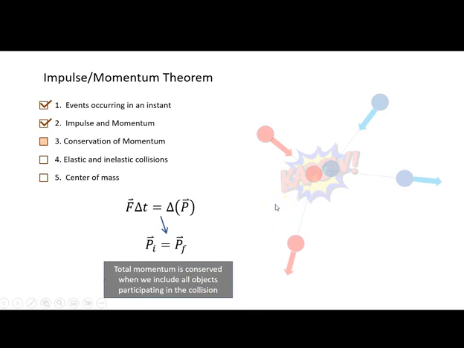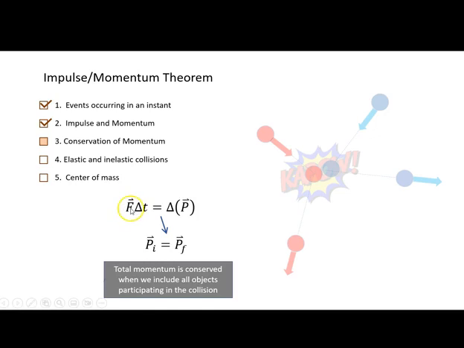So if we include all of the participants in the collision, then the impulse is that delivered by the surroundings, which would be almost zero, right? We would have finite forces on the order of an object's weight times a very, very small time, and we can generally ignore that in most cases.